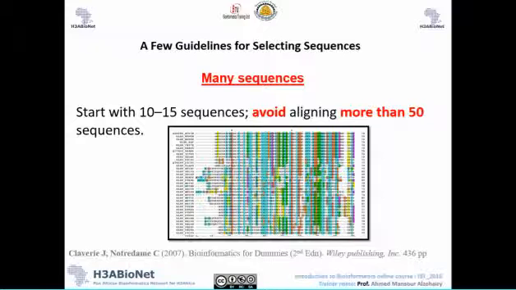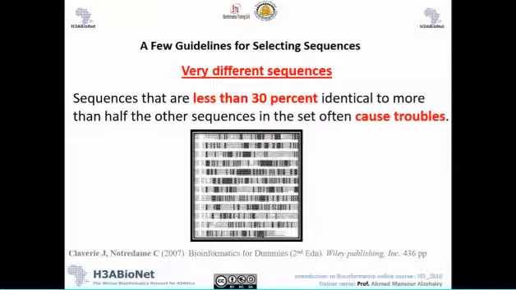Try to avoid, first of all, using a lot of sequences. More than 50 sequences is not needed, except if you are looking for that. Also don't try to have very different sequences, for example, less than 30% identity, because very different sequences always cause trouble.